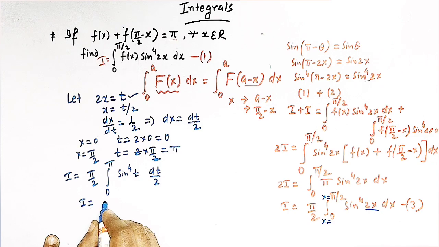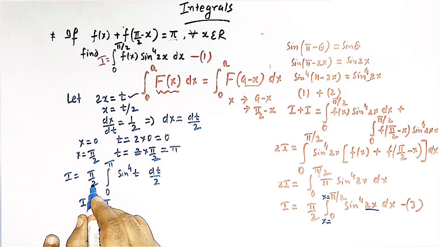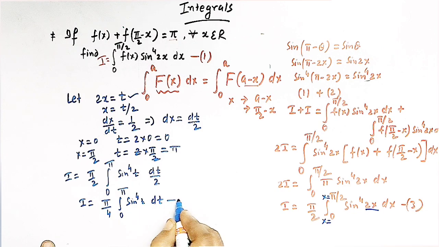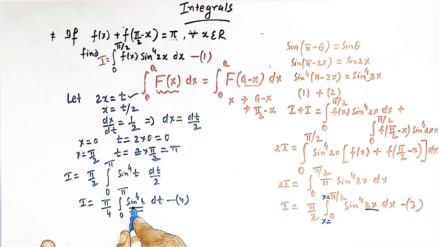So now I is pi over 4, 2 times 2 is 4, and we have 0 to pi, and sine t raised to 4, and here we have dt. So now let us make use of some important identities from trigonometry to simplify sine t raised to 4.